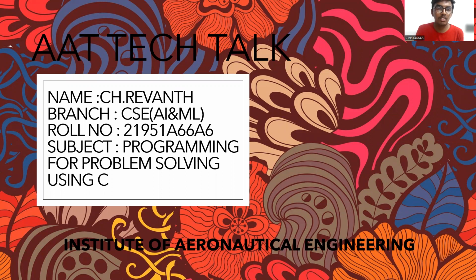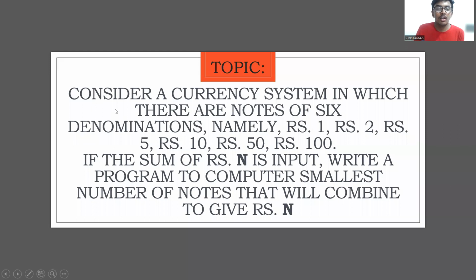My topic is from the C programming language, the problem. Consider a currency system in which there are notes of six denominations, namely rupees 1, rupees 2, rupees 5, rupees 10, rupees 50, rupees 100.